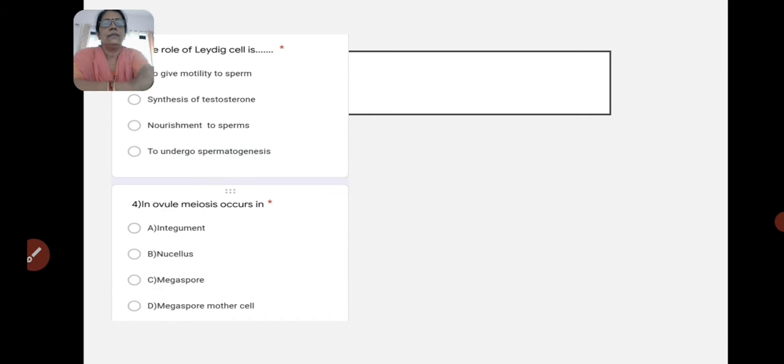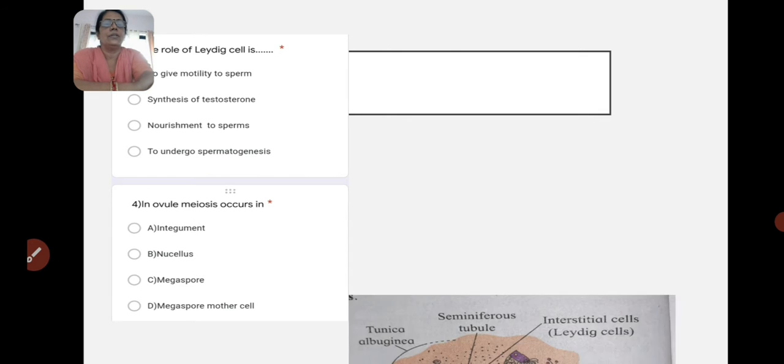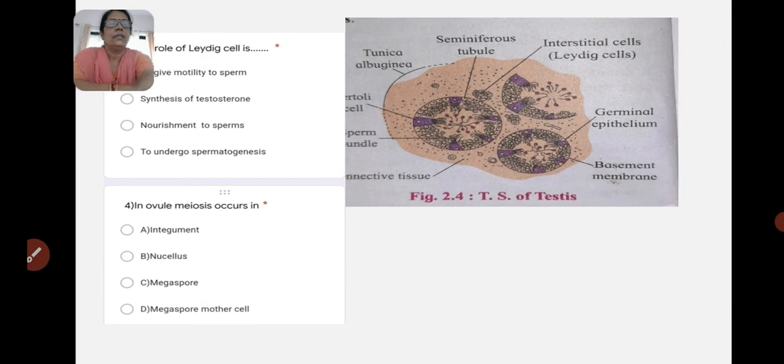The next question is the role of Leydig cells: gives motility to the sperm, synthesis of testosterone, nourishment to the sperms, or to undergo spermatogenesis. So these are the Leydig cells.